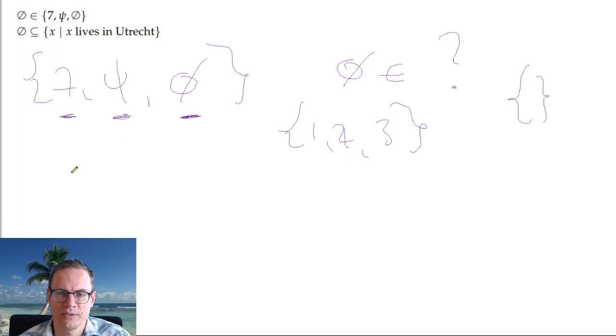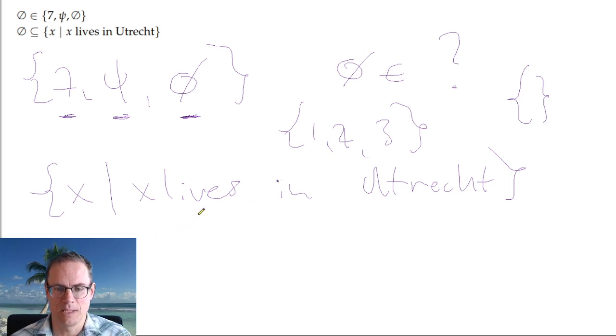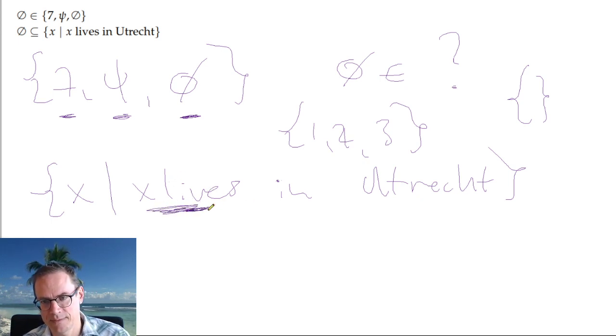Now right there we see the set of x such that x lives in Utrecht. All people or all entities that live in Utrecht. All right. I don't even know how big Utrecht is, 300,000. And it includes animals as well, because it includes living things, perhaps even plants, who knows. Is the empty set a subset of that set?